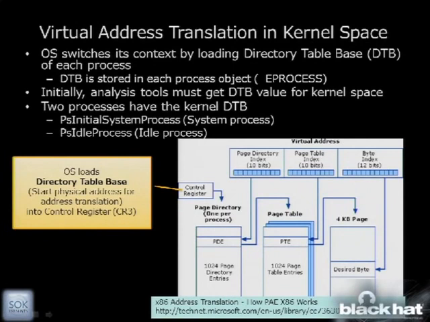The DTB is stored in each process object called EPROCESS. So the tools scan for the EPROCESS signature of kernel processes and get the DTB value. As far as I researched, there are two process objects including the kernel DTB: the system process and the idle process.